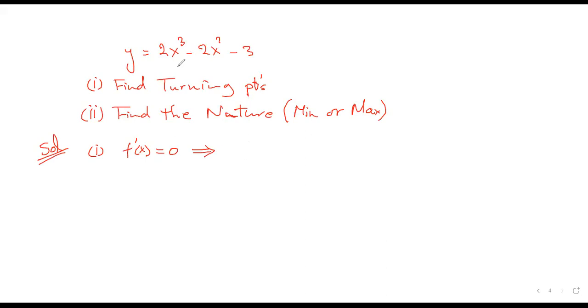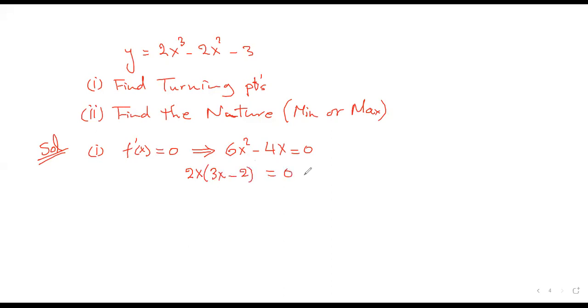Now 2 times 3 is 6x squared minus 4x. That's the differentiation equals 0. That's a quadratic equation. We need to solve it either by factorizing or the general formula. So we may factorize. That's a 2x common factor, which means 2x times 3x minus 2.